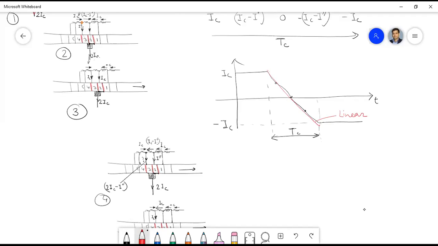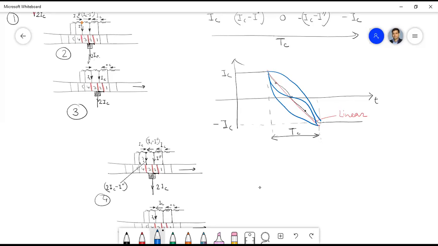It either looks like this, or like this, or like this. So we will have resistance commutation, over commutation, and under commutation. That I will discuss in the next class: what type of commutation we have for different situations.